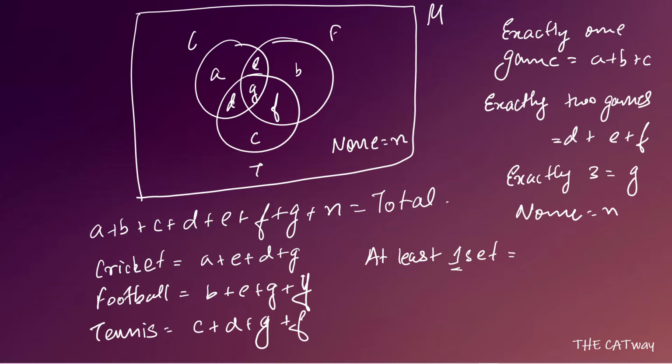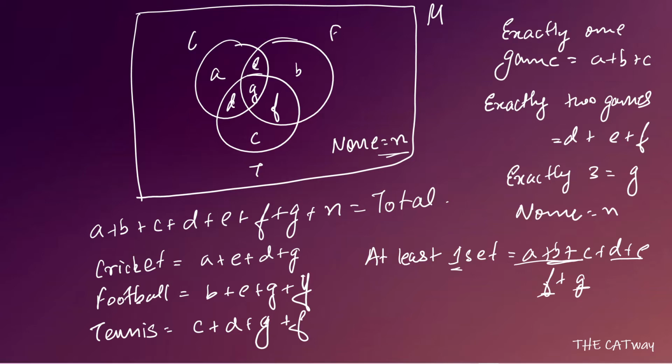That is a plus b plus c plus d plus e plus f plus g. We won't add n because it represents people who play none of the games. So at least one game means playing one game, two games, and three games, and we add all of them.